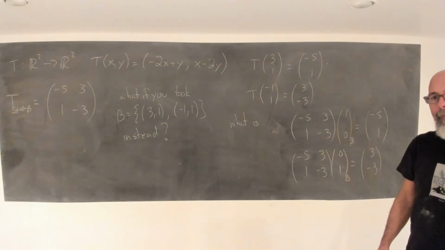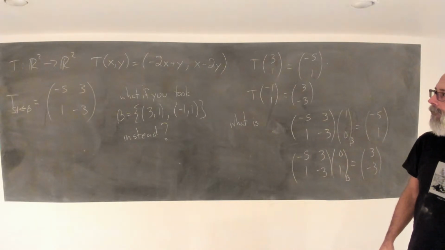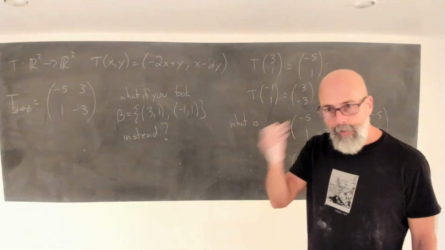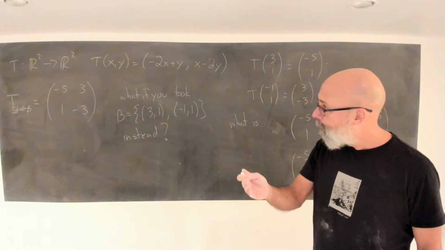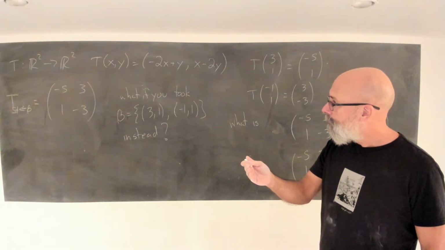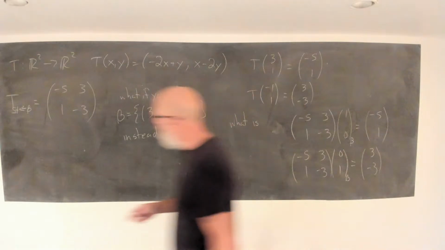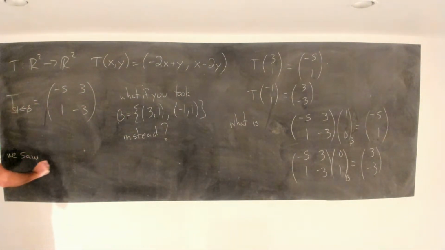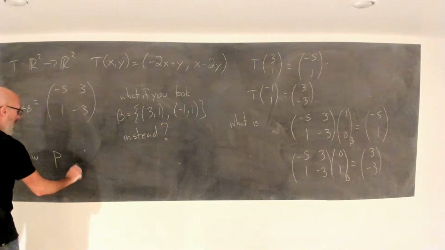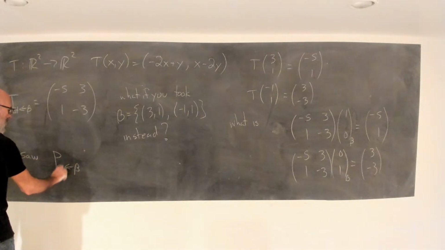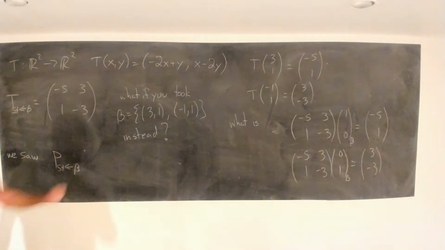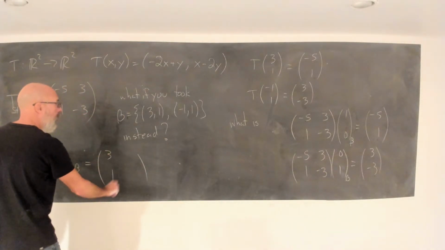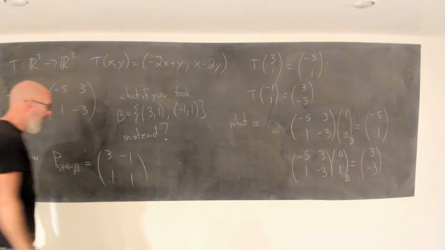How are we doing? Let's take this a step further. We saw a change of basis matrix from the basis B to the standard, which I believe was 3, 1, minus 1, 1.